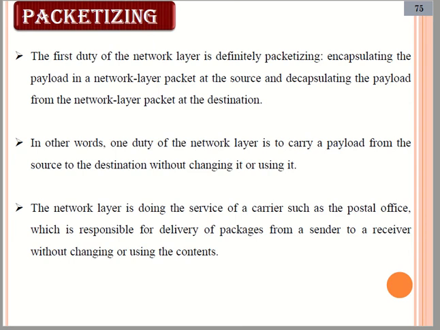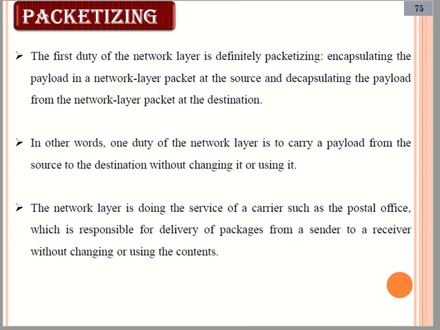So this is called packetizing, that is, taking the data from the transport layer at the network layer, forming a packet, adding the header, then adding the source and destination address in that header and transmitting to the receiver end. At the receiver, it has to receive all the frames.